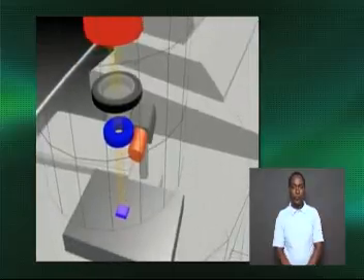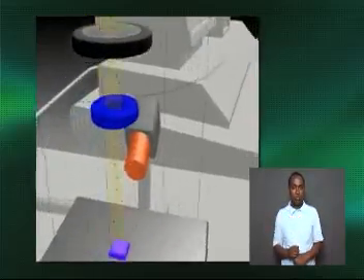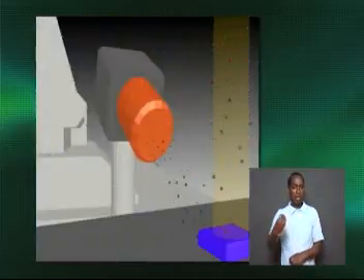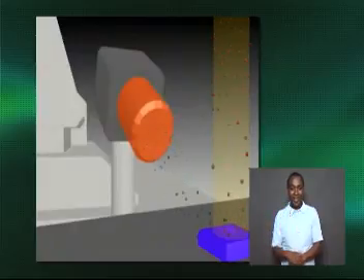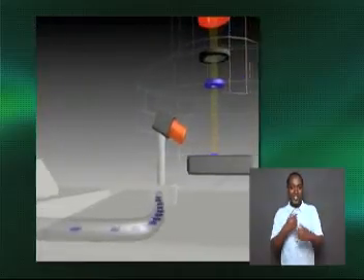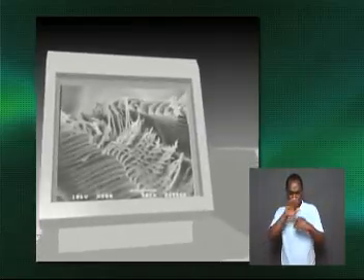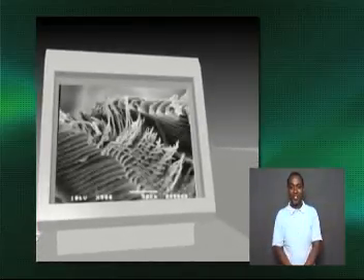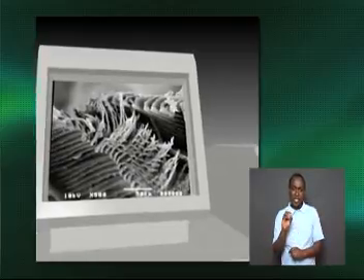The electrons act as light waves, but with a smaller wavelength. As the wavelength gets smaller, the resolving power is increased. Therefore, the electron microscope can resolve the detail of a specimen down to 0.3 nanometers.